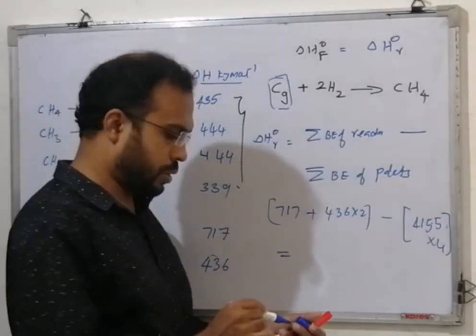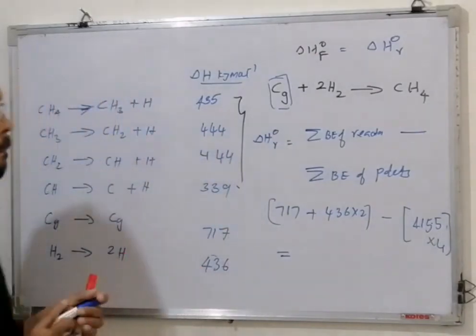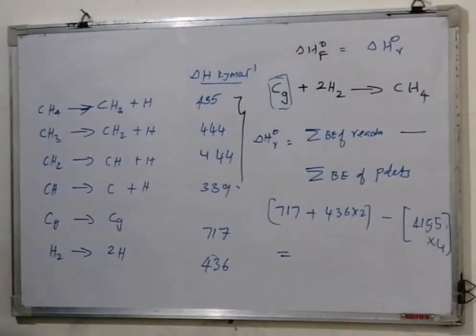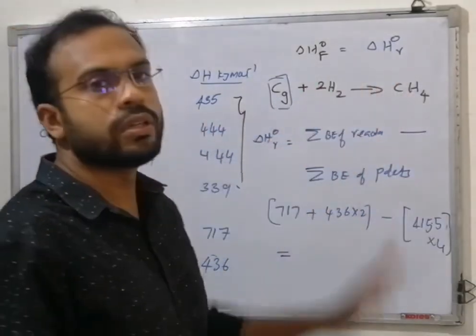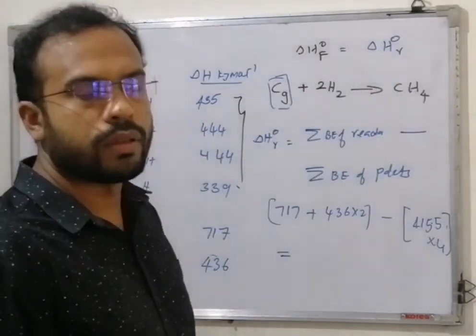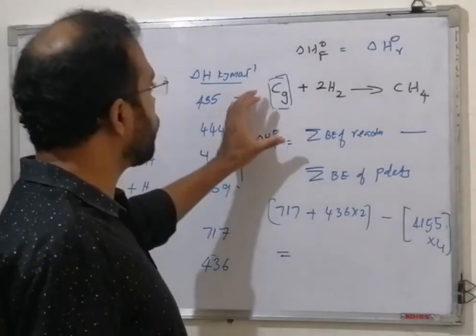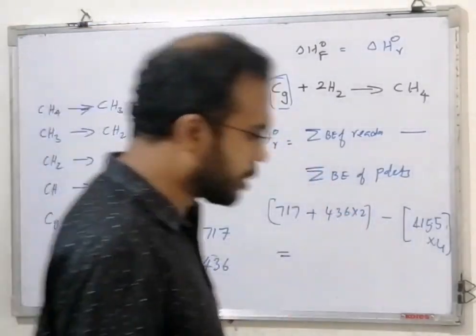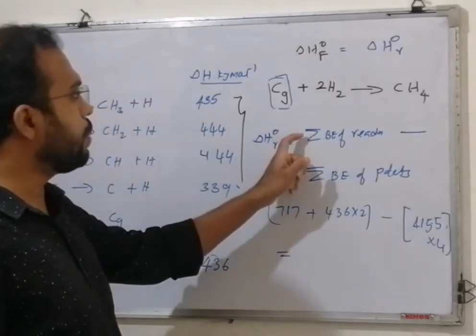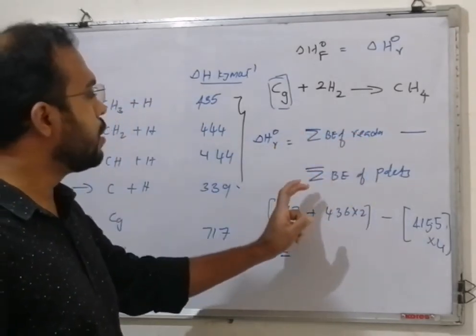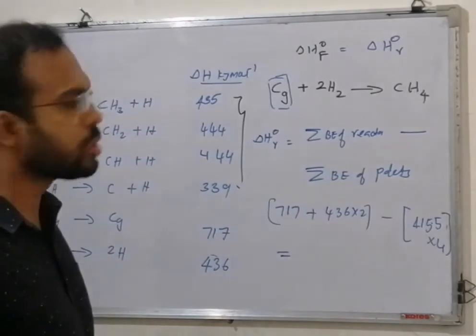This is all the answers together. Here the enthalpy of reaction has been considered as the enthalpy of formation. Therefore, enthalpy of reaction or formation can be calculated using bond enthalpy, but be very careful: summation of bond enthalpies of reactants minus summation of bond enthalpies of products.